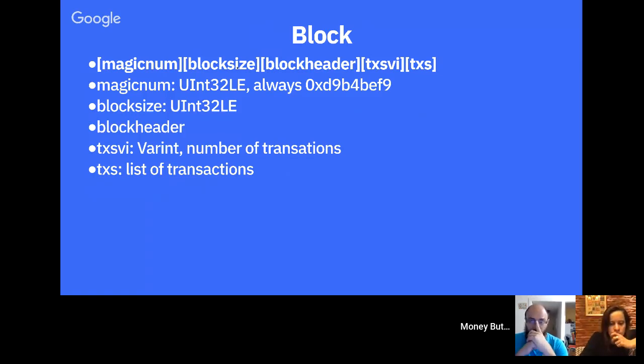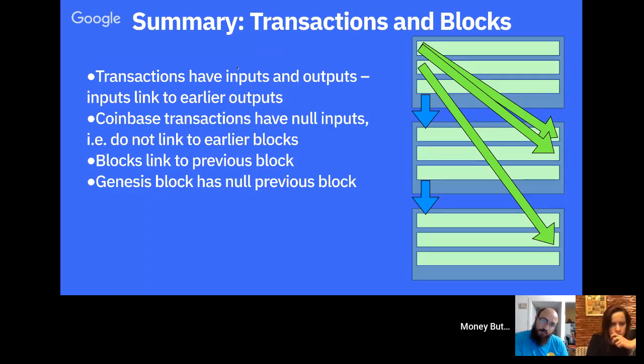And that's it. That's what a block is. And so the blockchain is a bunch of those. And so in summary, we've now covered everything leading all the way up here.